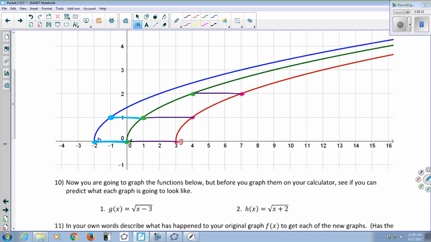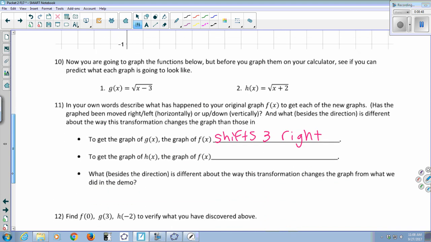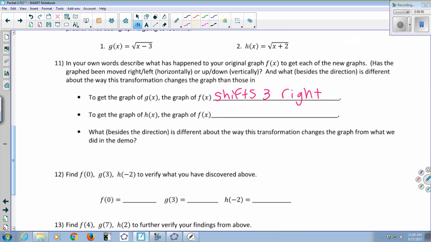Moved left 2 units. And then here's my next one on f. The corresponding point on h is right here, 2 units to the left. So it looks like to get the graph of h, the graph of f of x shifts 2 to the left.